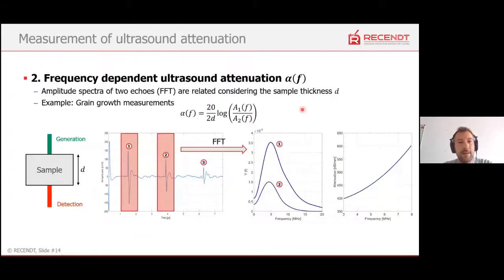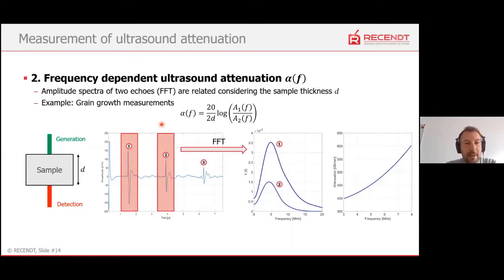The second acoustic parameter which we are interested in and can measure with laser ultrasound is the frequency-dependent ultrasound attenuation. We can measure this attenuation by putting the amplitude spectra of 2 echoes in relation, considering the sample thickness d with this formula.